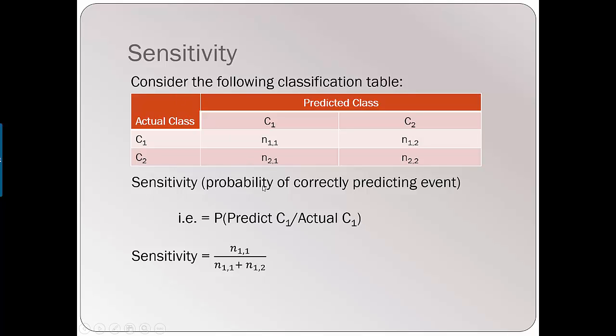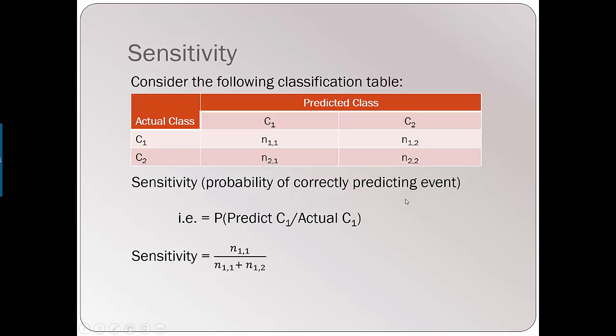This is a conditional probability, as opposed to the accuracy rate and misclassification rate we saw previously. Of all the actual C1, which is the sum of these two, how many as a proportion did we actually predict as C1? That number goes into the numerator: n sub 1 comma 1 divided by the total.